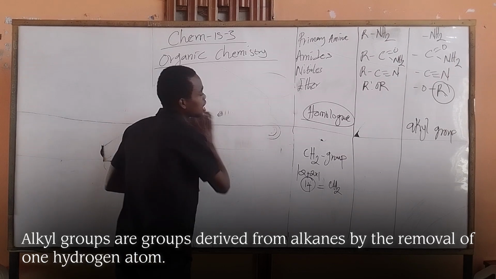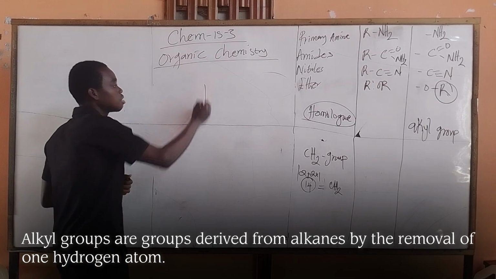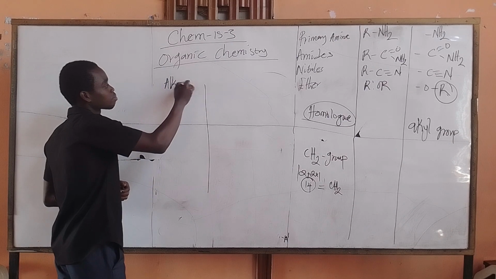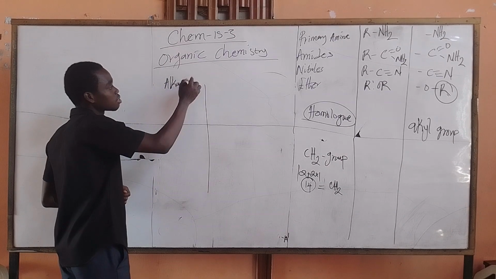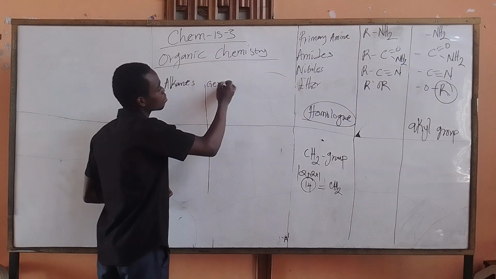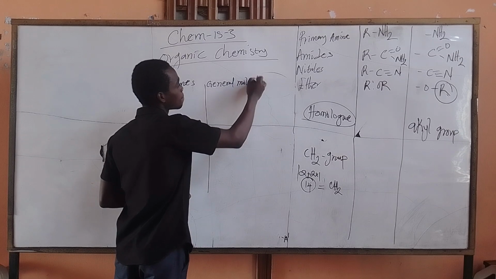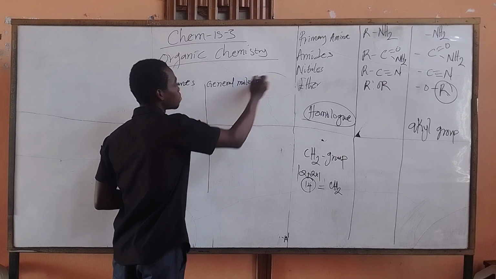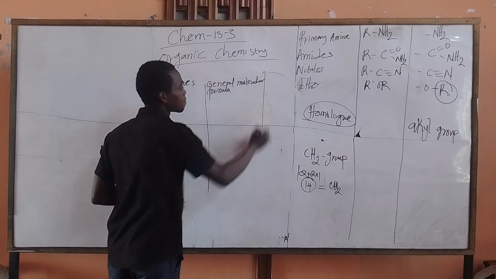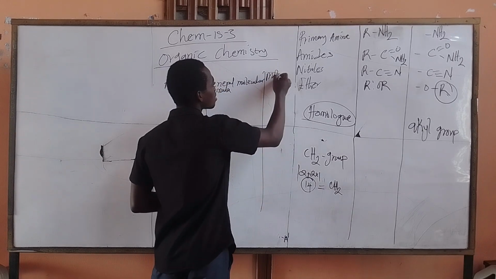Now let's say we have the alkanes. These are the alkanes. We have their general molecular formula, and we have the molar mass.